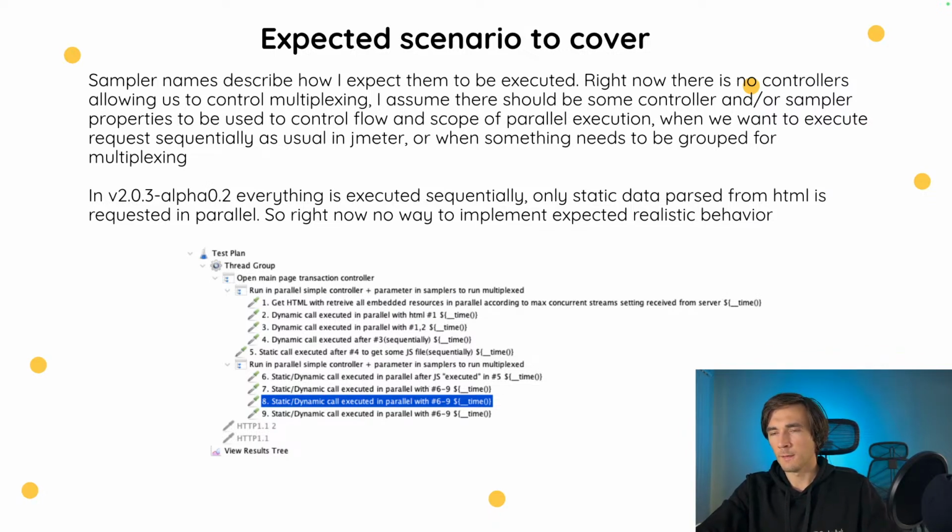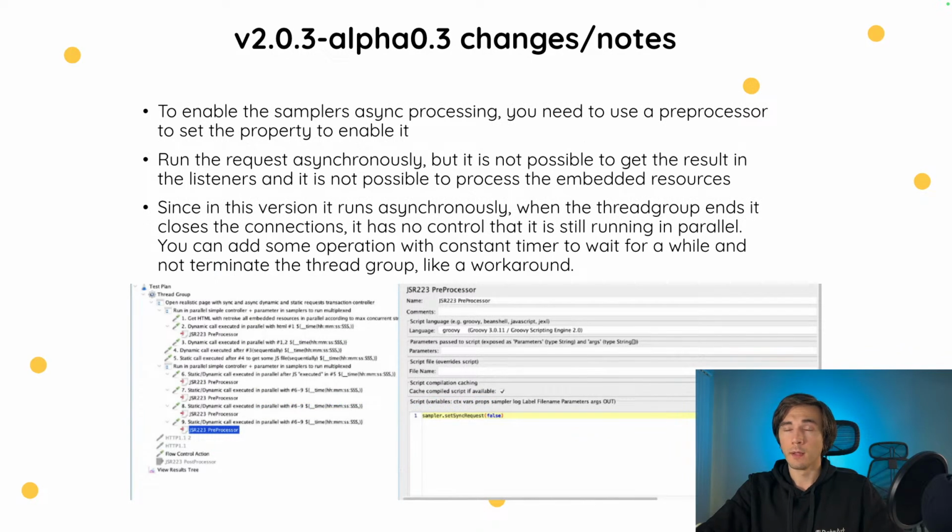So it's kind of the ability to make your script more realistic, because right now all multiplexing is applied only to embedded resources. But except for them, we can have a lot of dynamic calls that should also be multiplexed. That's the next goal we need to fix. And I had several ideas how we can do it.